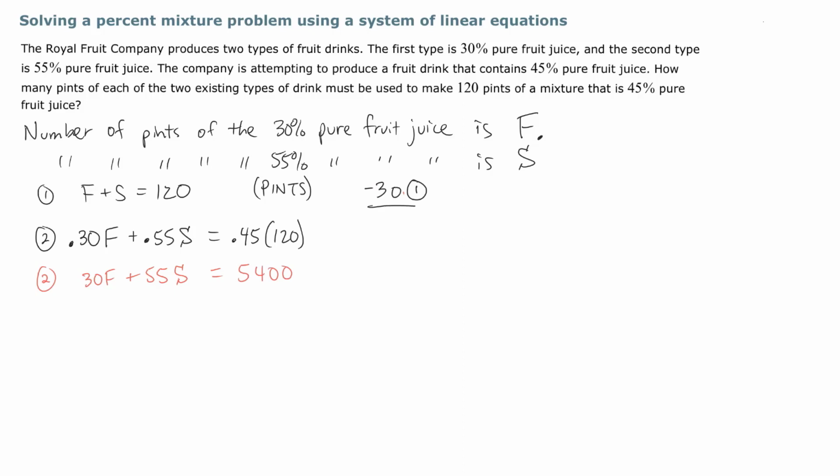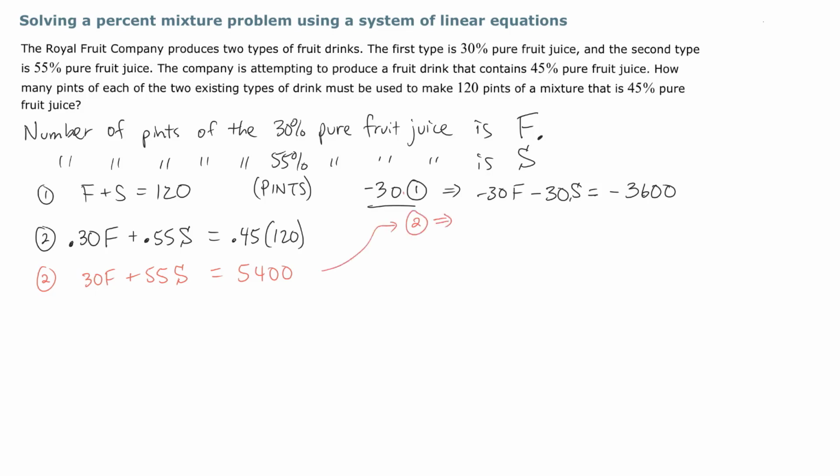Multiply equation 1 by -30 to both sides. We get -30f minus 30 times s is equal to, let's see here, -3600.